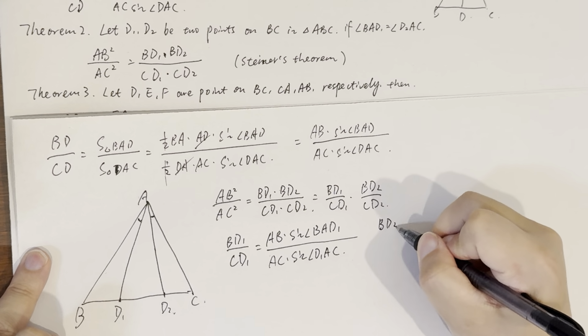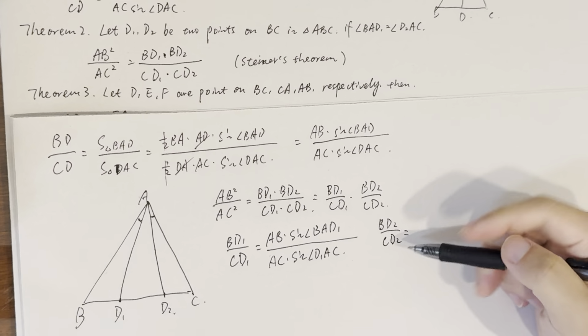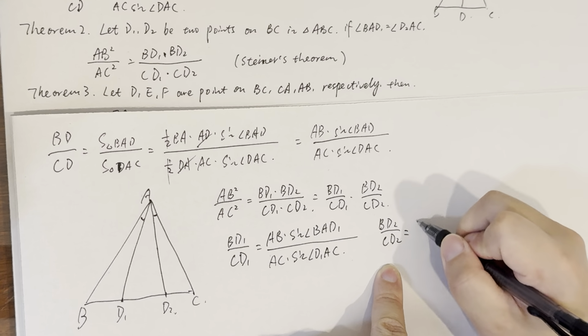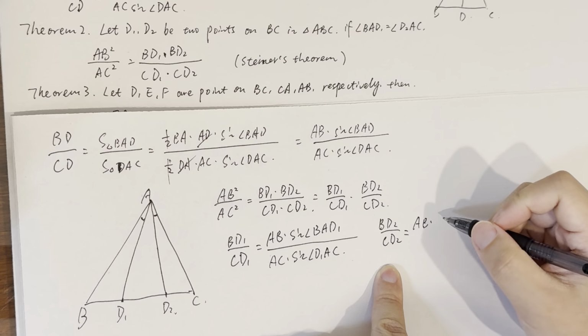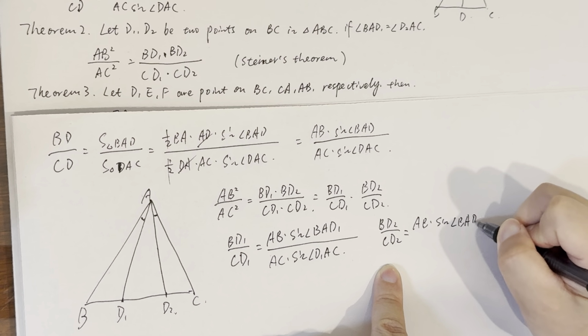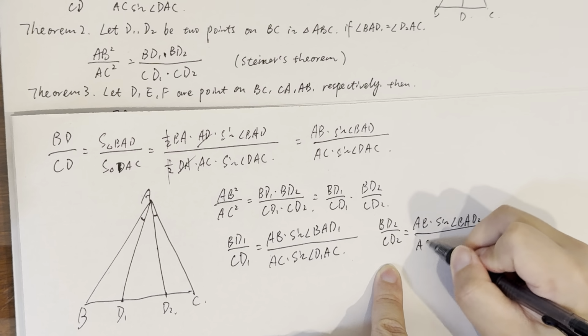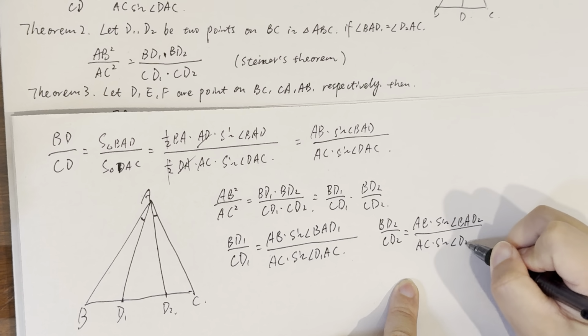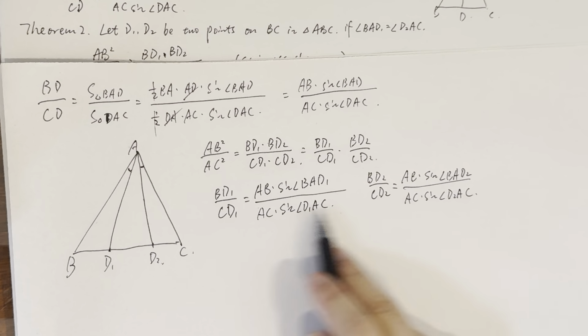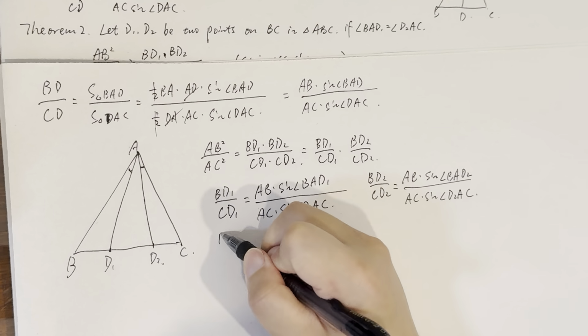And for BD2 to CD2, we still use theorem 1. We have BD2 to CD2 equals AB times sine angle BAD2 to AC times sine angle D2AC, right? And now we multiply them together.